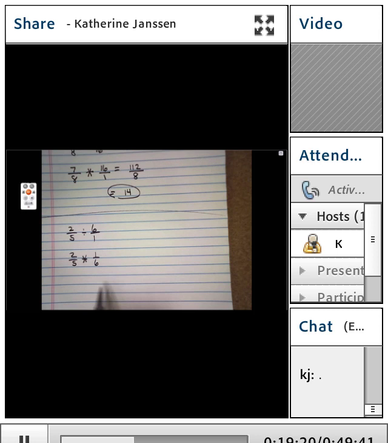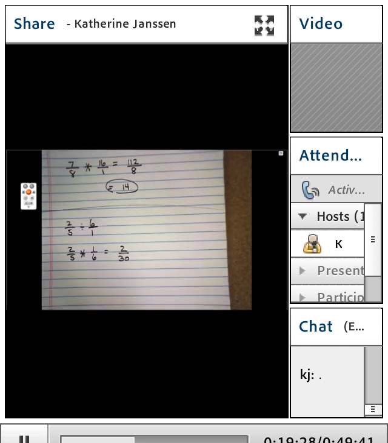Multiplication of fractions is a piece of cake. Multiply the numerators, multiply the denominators, and simplify if you can. Our divisibility rules from chapter 2 help us out on this earlier, where we learned that if our 1's unit is even, it's divisible by 2. So 2 goes into 2 once, and 2 goes into 30 15 times.